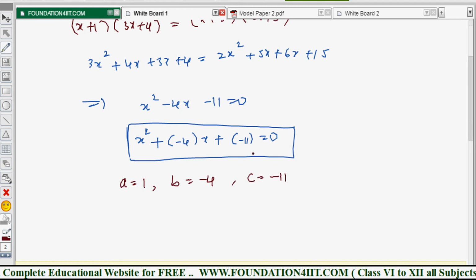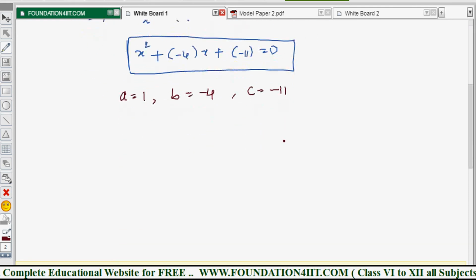By splitting the middle term we can't get this, so we need to use the quadratic formula. Now once you know the a, b, c values, then x = (-b ± √(b² - 4ac)) / 2a.